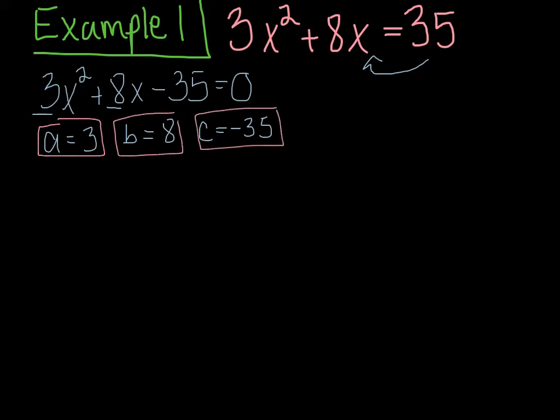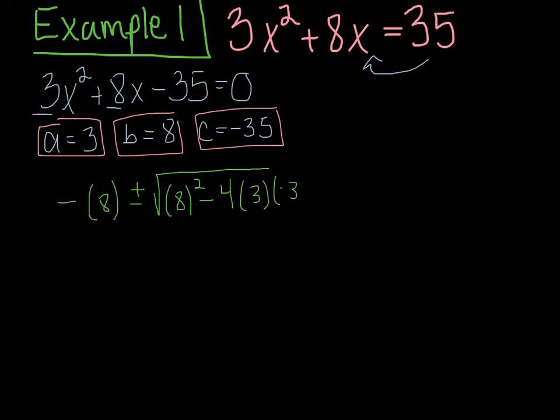So remember, our quadratic formula was negative b, use parentheses, which is 8, plus or minus the square root of b squared, making sure you're using parentheses, minus 4ac. Again, make sure everything is in parentheses, all over 2a.